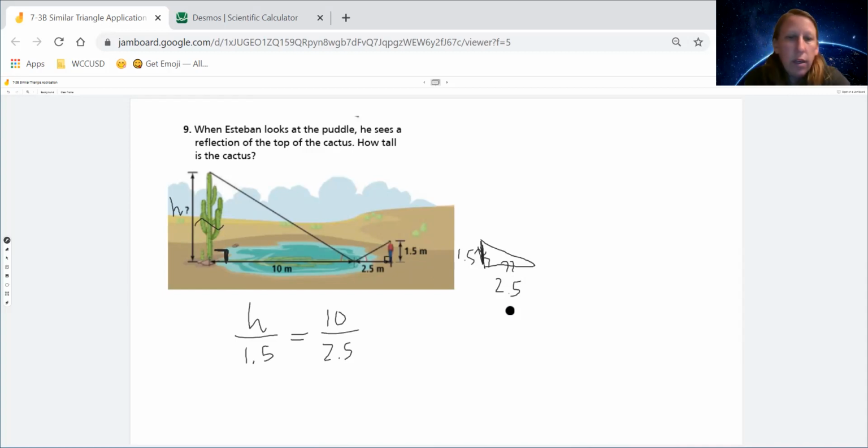Okay, that one we can use cross products. So we have 2.5H is the same as 10 times 1.5. What am I doing? I'm multiplying these two numbers together. If you want parentheses, it's fine, but you don't need them. And I'm multiplying these two numbers together. 10 times 1.5 is 15.